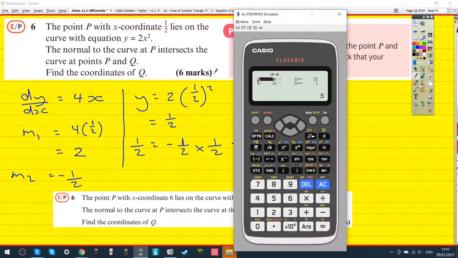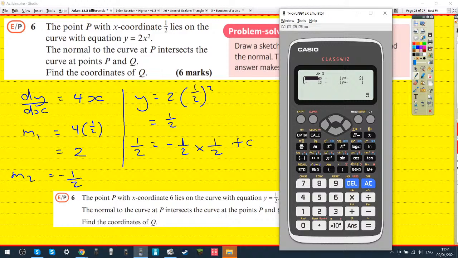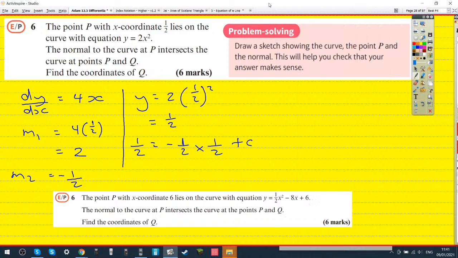Which is minus a quarter. So a half equals minus a quarter plus c. And you can add a quarter to both sides. Which is 3/4, which equals c.